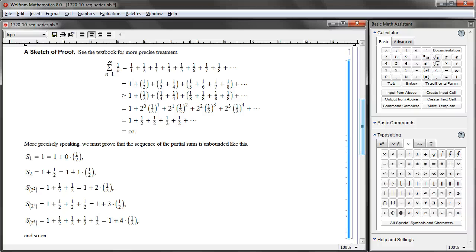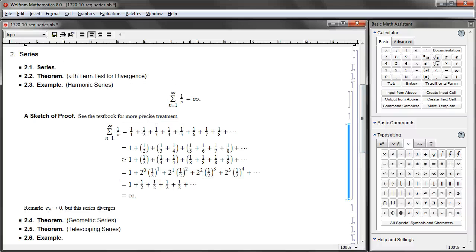Well, we have to deal with partial sums to be a little bit more precise, but I'm going to leave you here. The main idea is appropriate grouping. 4 fractions where the smallest is 1/8.